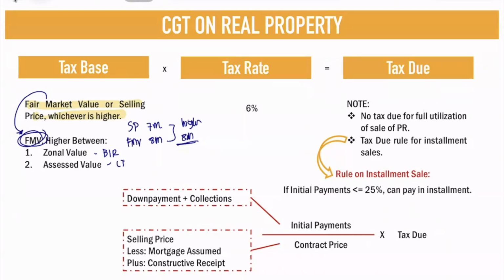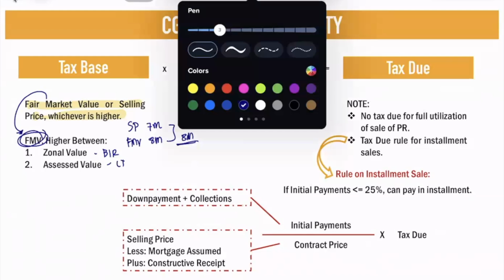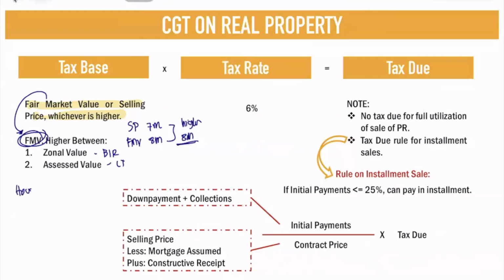And by the way, you do it per type of real property. So for example, you are selling a house and lot. For the house and the lot, you determine the higher between FMV and selling price. So let's say the total selling price of your house and lot is 8 million. For the house, the zonal value is, let's say, 2 million, and the assessed value is 3 million.